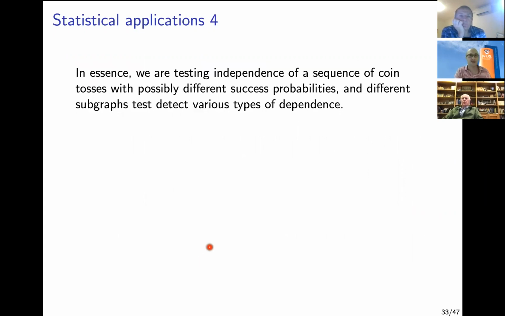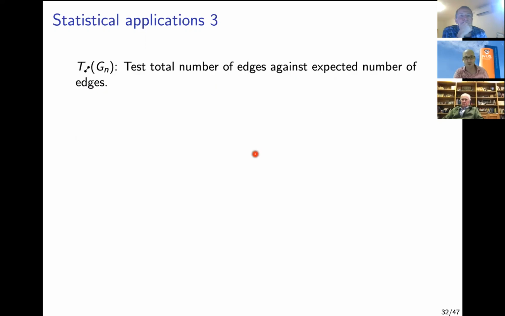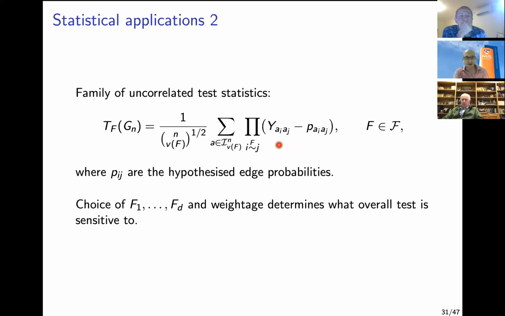So just to clarify, if you bring it to this level, we have to realize that what we're actually doing is just testing independence of a sequence of coin tosses. Ultimately, that's what we're doing, because the graph structure comes into play only by the way we set up the statistic. Since we're looking at it conditionally on the vertex labels, these are just independent coin tosses with the corresponding probabilities.